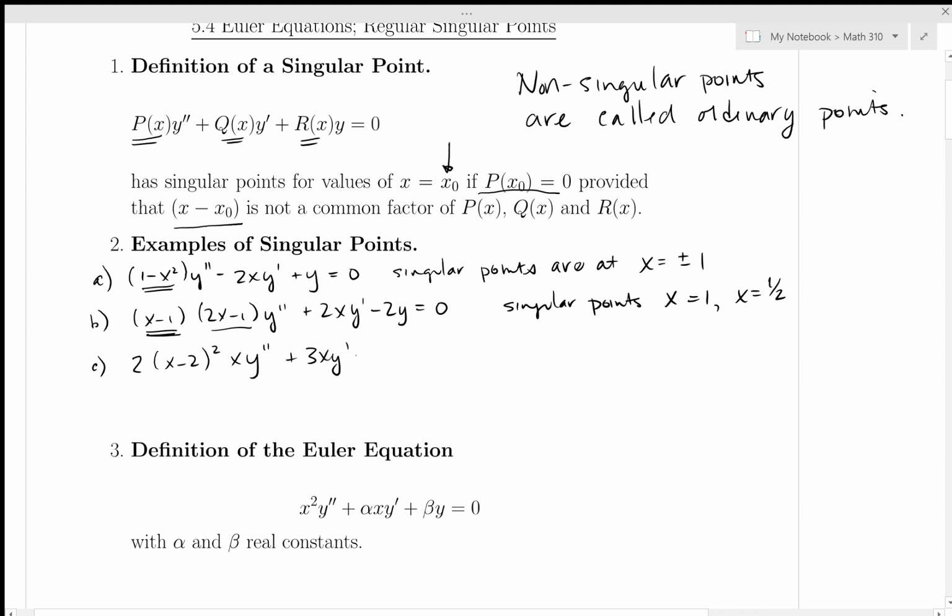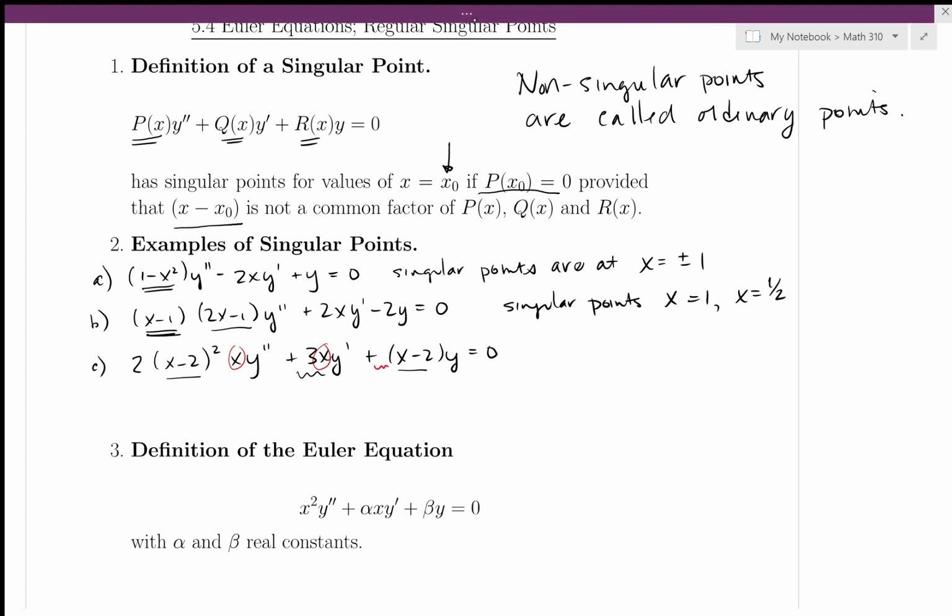Okay, next differential equation. Let's take a look at this. Minus 2y equals 0. Okay, where are the singular points here? We're a little bit careful because we see the x minus 2 in both places here, but the x minus 2 is not here. And similarly we see an x here and here, but not here.